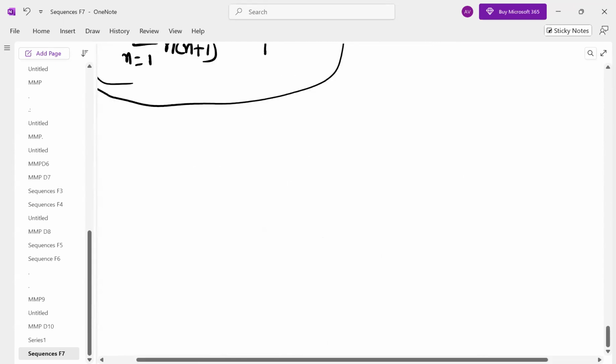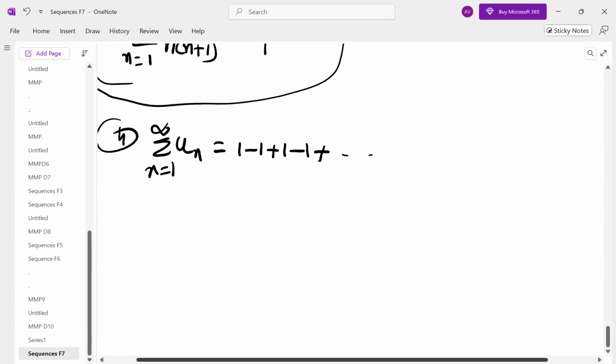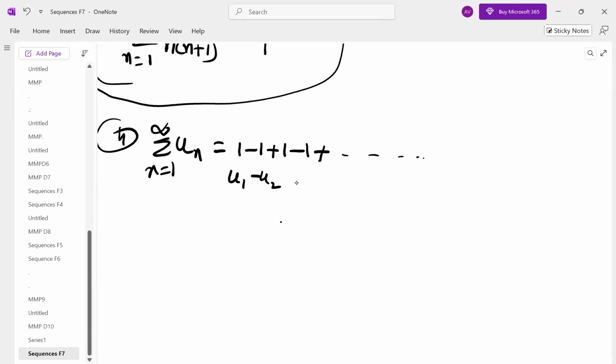You must learn this procedure because some questions which cannot be done using any other test in future can be done using only this. 1 minus 1, 1 minus 1. Questions like this: U1, U2, U3, U3 plus U3, minus U4, and so on.